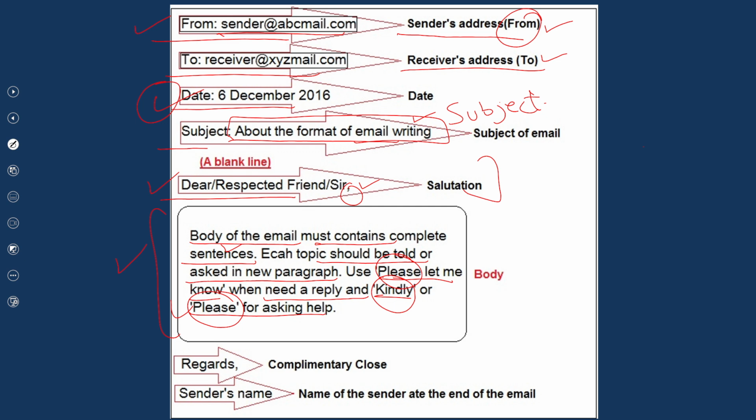Kindly, please, etc. Then you will close the email with complimentary closings like regards or with due respect, respectfully, sincerely, and then the name of the sender at the end of the email. Again, your name will go over here to end the letter.